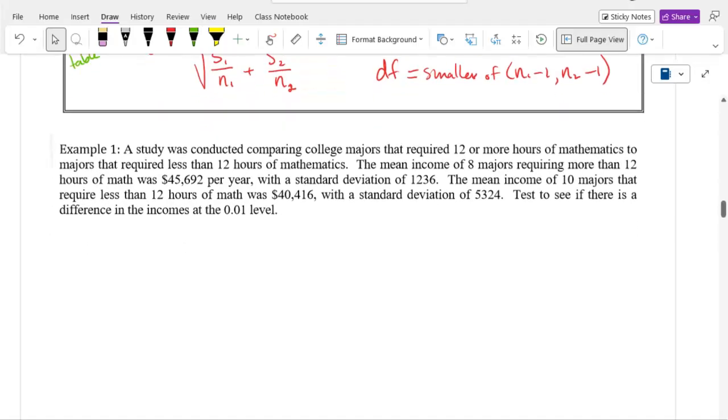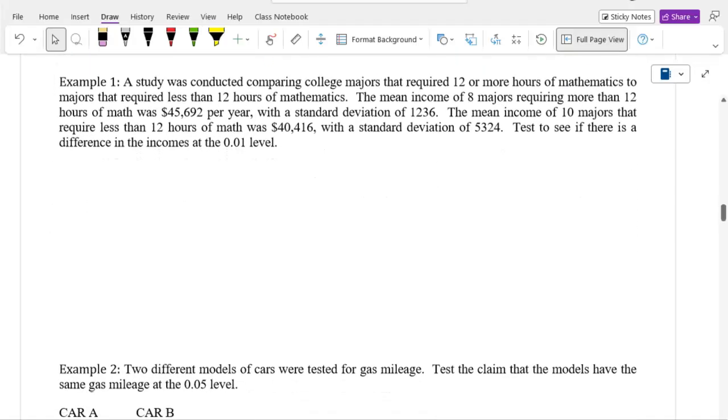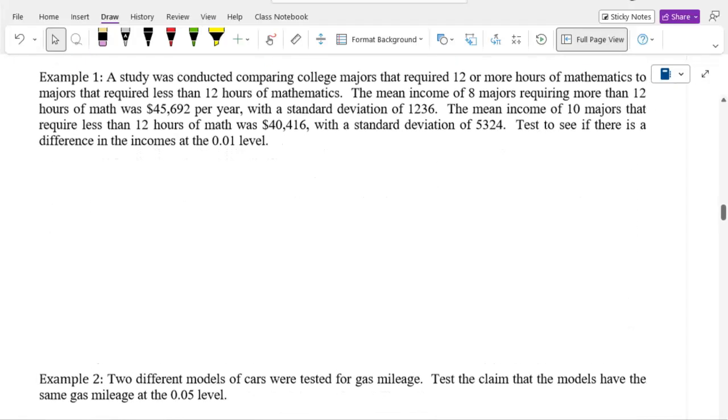Let's look at our first example. A study was conducted comparing college majors that required 12 or more hours of math to majors that required less than 12 hours of math.